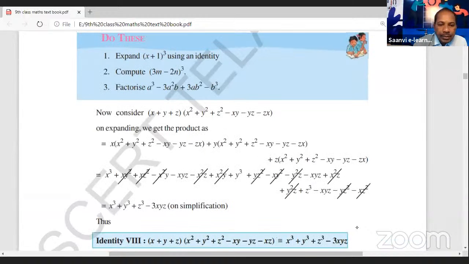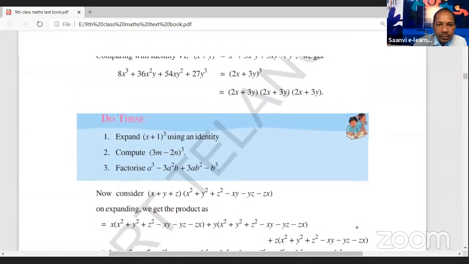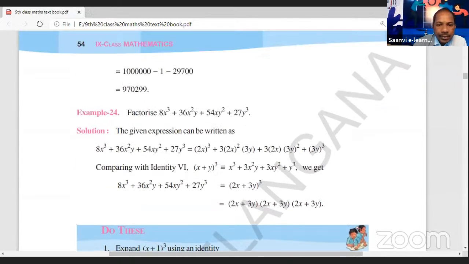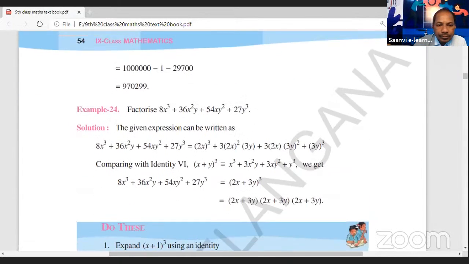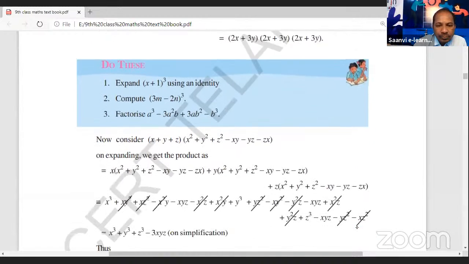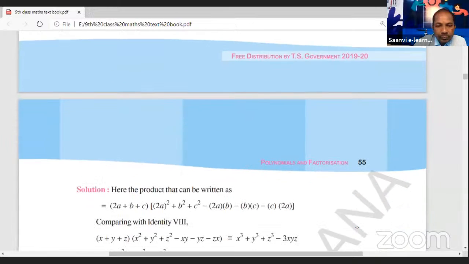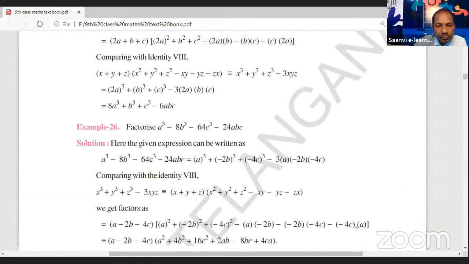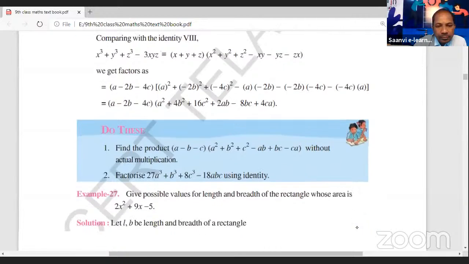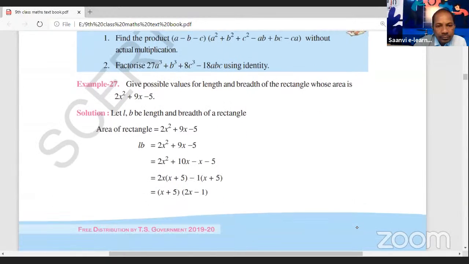Children, if you get any doubt or any confusion, see, example 27 is there, no? Example 27, the area of a rectangle is given, asking length and breadth.